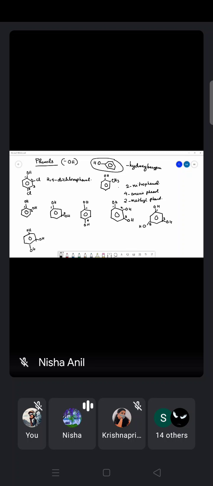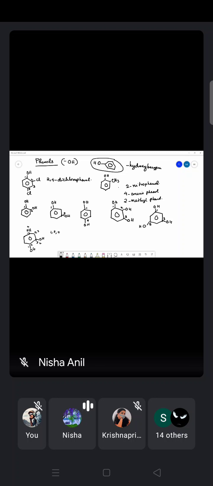But when we come to this compound, we can number it in two ways, either from this phenol 1, 2, 3, 4, or from this phenol 1, 2, 3, 4. When we number in the clockwise direction, we get the substituent numbers as 1, 3, 4.